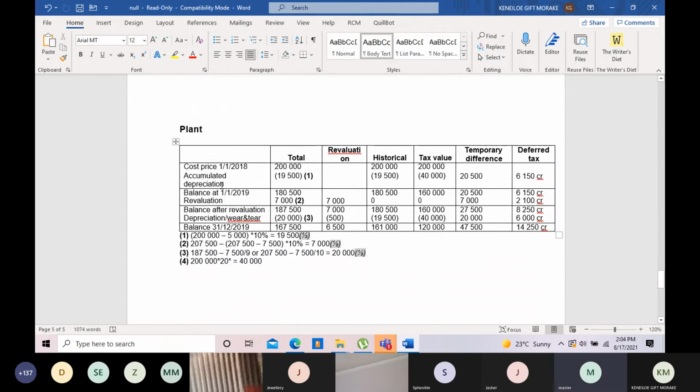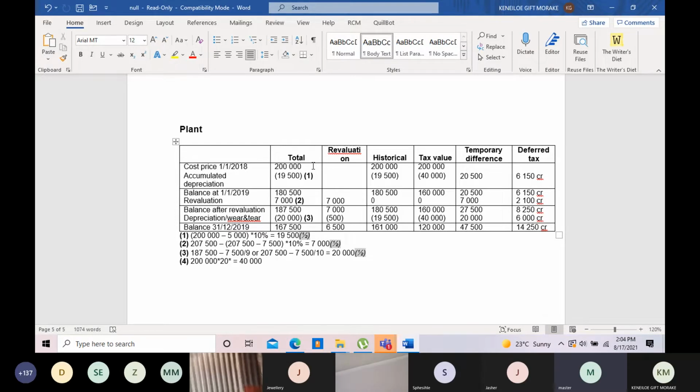You see now, we have the 200,000, which is from your PPE and from the information that was provided. And then accumulated depreciation is also there on your PPE, 19,500. You have a full mark there. These are your calculations.